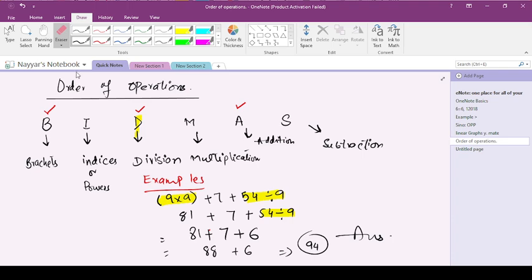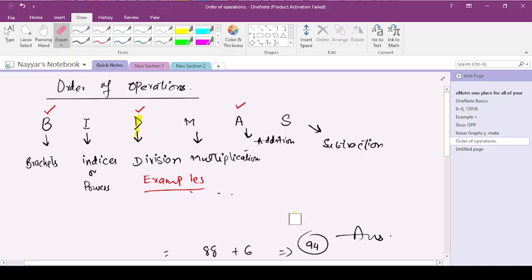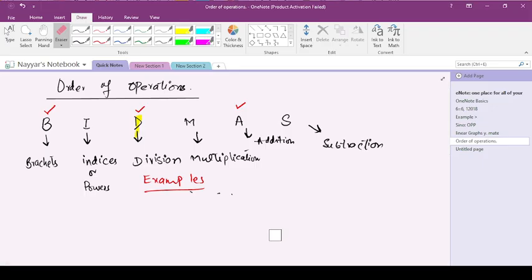Remember one more thing: if in a bracket there are multiple operations, you will again follow the same BIDMAS order.